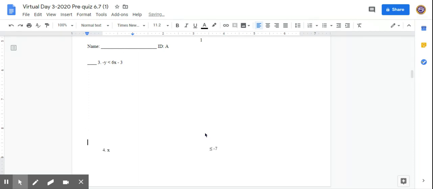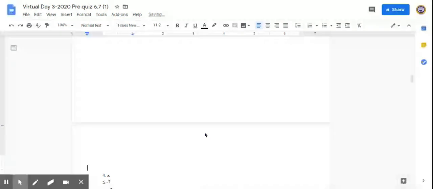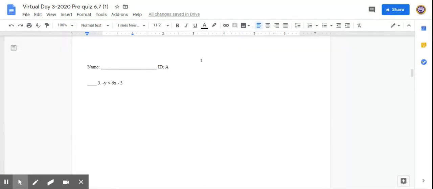All right. So this is not solved for y. If you look, it has a negative y. So we need to divide by -1. So we're going to divide the whole thing by -1. Everything gets divided by -1.